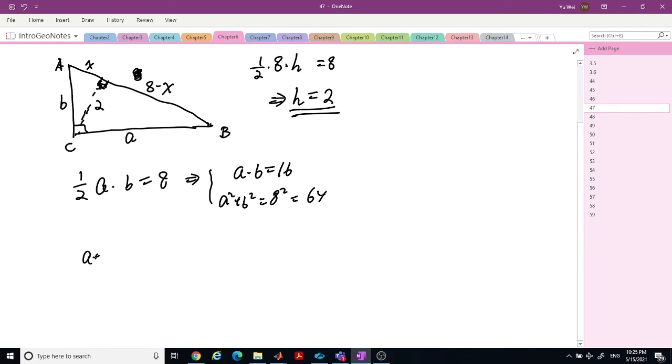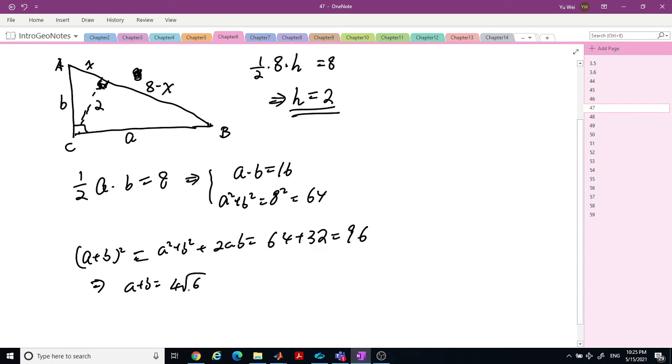Then a plus b squared is a squared plus b squared plus 2ab, which is equal to 64 plus 32, which is 96. So we know a plus b is 4 square root of 6. Now the perimeter is a plus b plus 8, which is 8 plus 4 root 6.